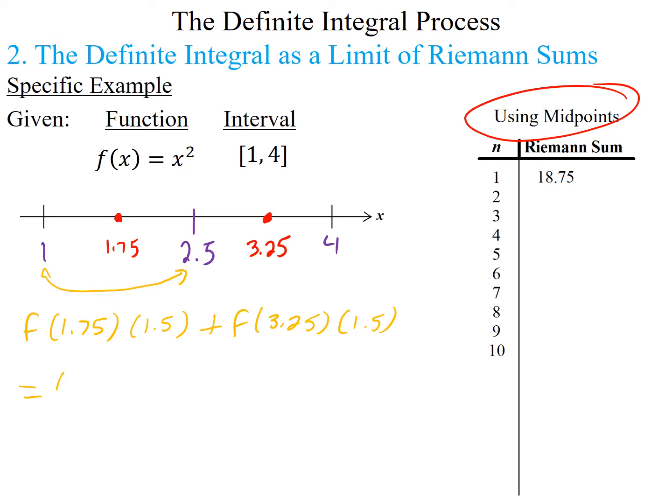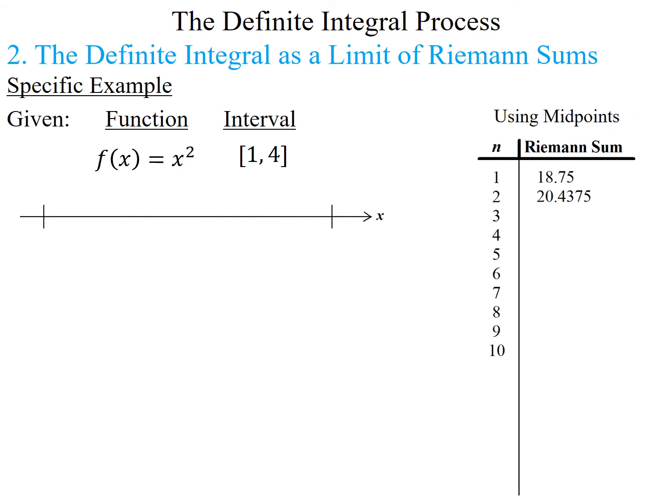Again, f of 1.75 means plug 1.75 into this function. That means it's 1.75 squared times 1.5 plus 3.25 squared times 1.5. And when you're done calculating that, you get 20.4375. That's going to go there. So that's a Riemann sum after we do 2 subintervals.